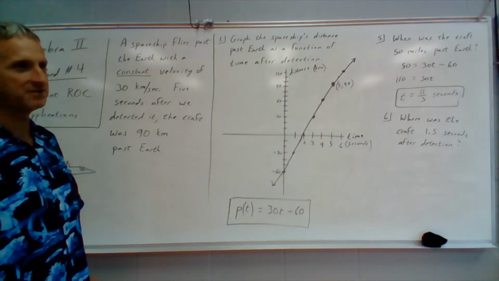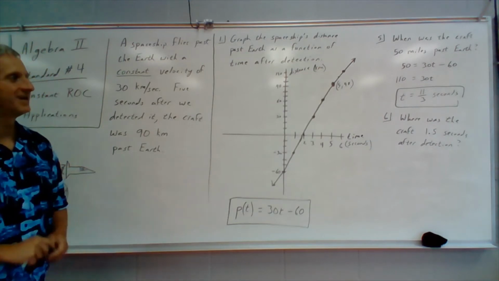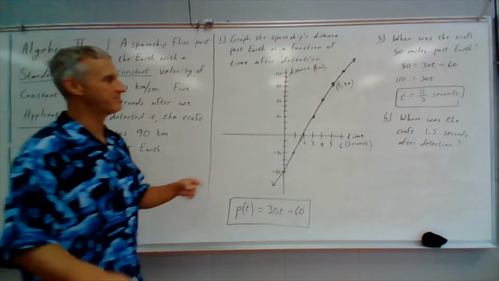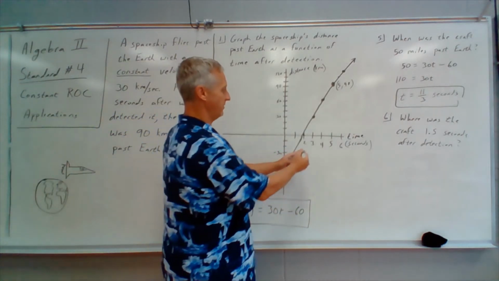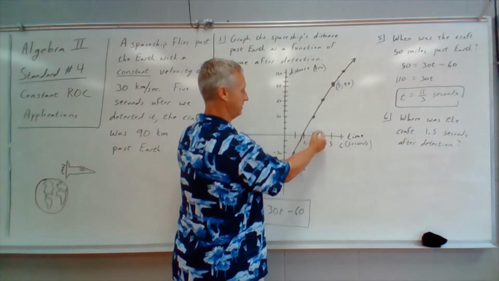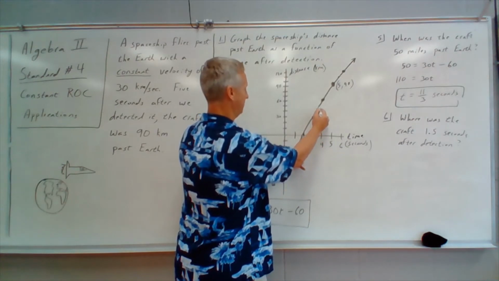So 3 and 2/3 of a second. Let's make sure that makes sense on our graph. At 3 and 2/3 of a second, right here, my distance was 50.